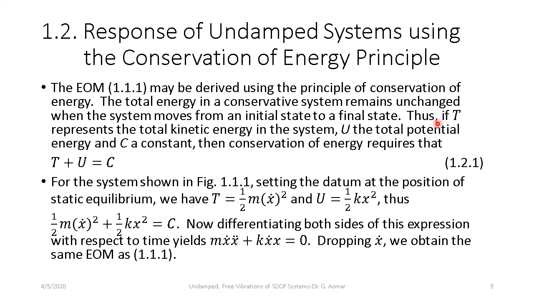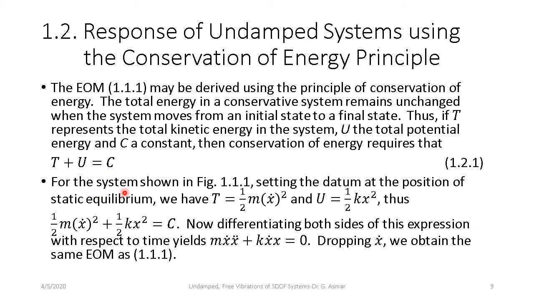Thus, if T represents the total kinetic energy in the system, U the total potential energy, and C is some constant, then conservation of energy requires that T plus U be equal to C.